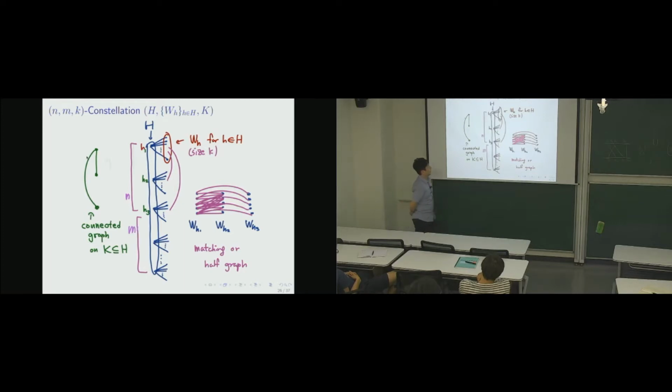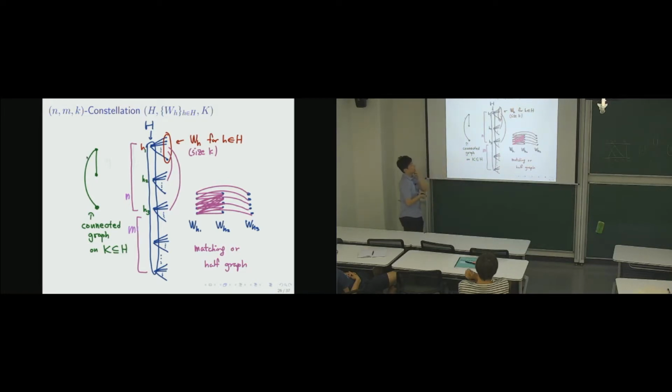And then you have these two partitions into sets of stars. You have n stars on the top, and m stars on the bottom. And then you have a connected graph on the n vertices, basically. So K is this set.